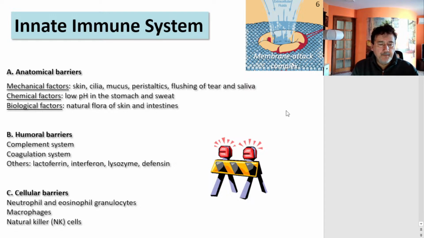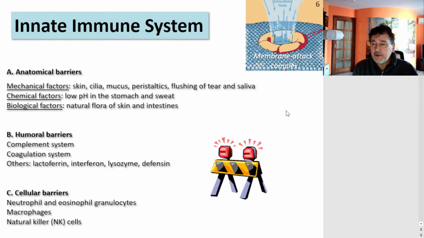Okay, there are also humoral barriers, such as the complement system. I will show you a picture about that soon, but you will discuss it in more detail in biochemistry in the second year.